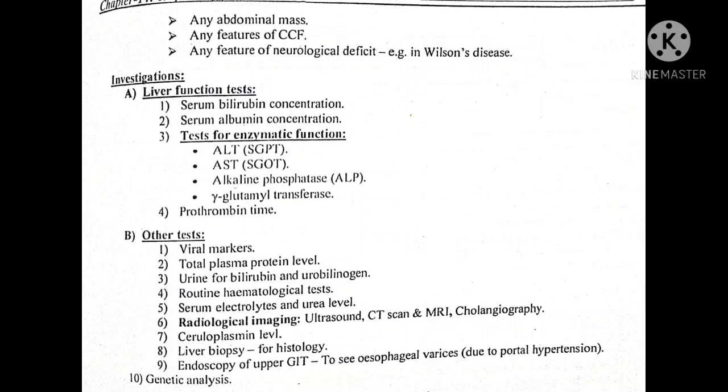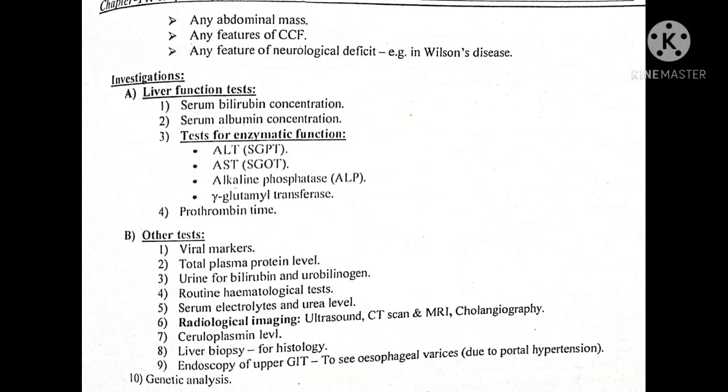Then we do other tests such as viral markers. Then total plasma protein level is checked. Urine is analyzed for bilirubin and urobilinogen. Routine hematological tests, serum electrolyte and urea level are checked.